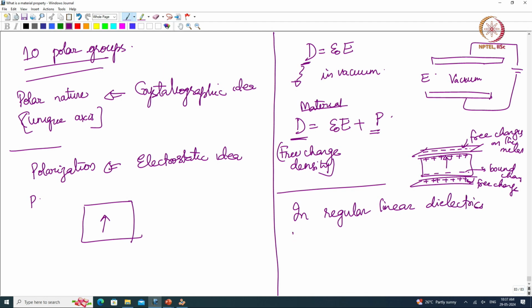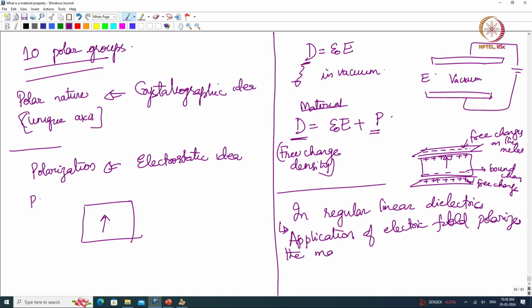Application of electric field polarizes the material. Without electric field I do not have any polarization. So by applying an electric field, which is the cause, I create a polarization which is the effect, and this is related by susceptibility times epsilon naught. So chi is the susceptibility.